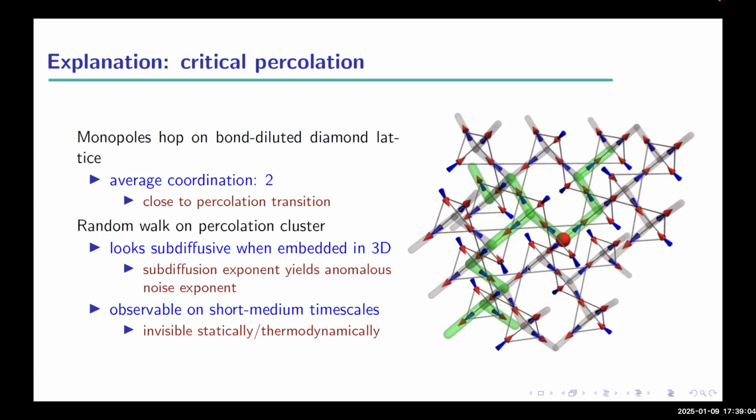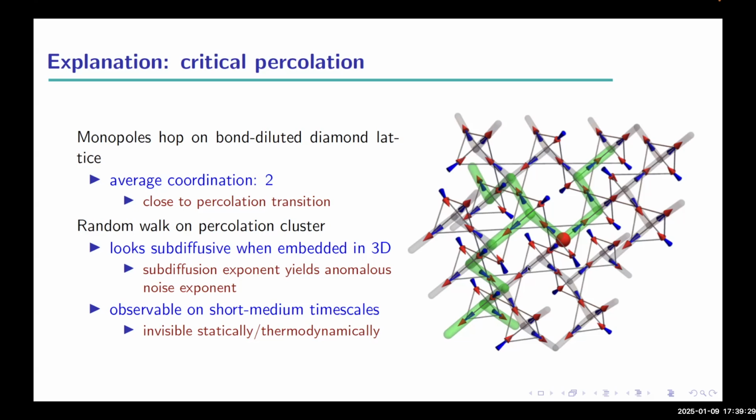So in other words, the monopole actually moves on a critical percolation cluster, and critical percolation clusters are fractals. Okay? A random walk on a fractal embedded in 3 dimensions looks like subdiffusion. And subdiffusion transformed into the time domain by saying motion of a monopole corresponds to a spin flipping gives you the anomalous power in the noise spectrum.